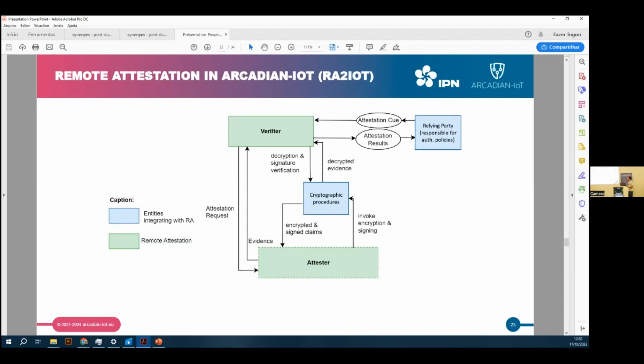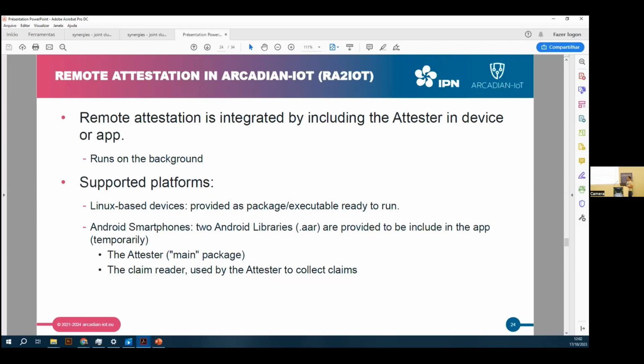So to use our solution, the service providers must integrate the attester on their services, on their devices or apps. Currently, we support two types of platforms: Linux-based devices, where the attester is provided as an executable, or Android smartphones, where the attester is provided as a library, which is to be included in the app.